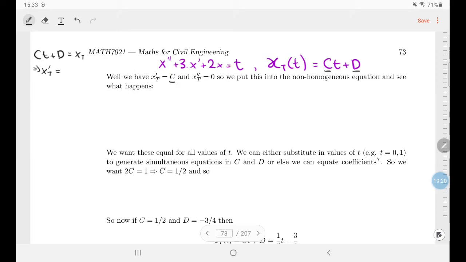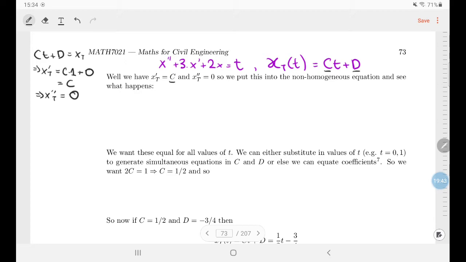So when you're differentiating ct, fix the c. What's the derivative of t? 1. Plus, what's the derivative of constant d? 0. And c by 1 is just c. And now we'll differentiate again. Remember, the second derivative means you differentiate the first derivative. And the first derivative is a constant c, so the second derivative is 0.